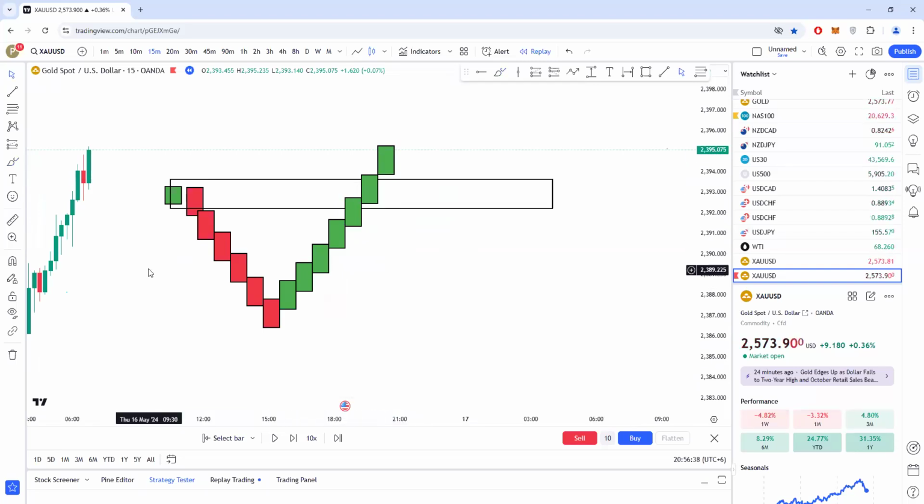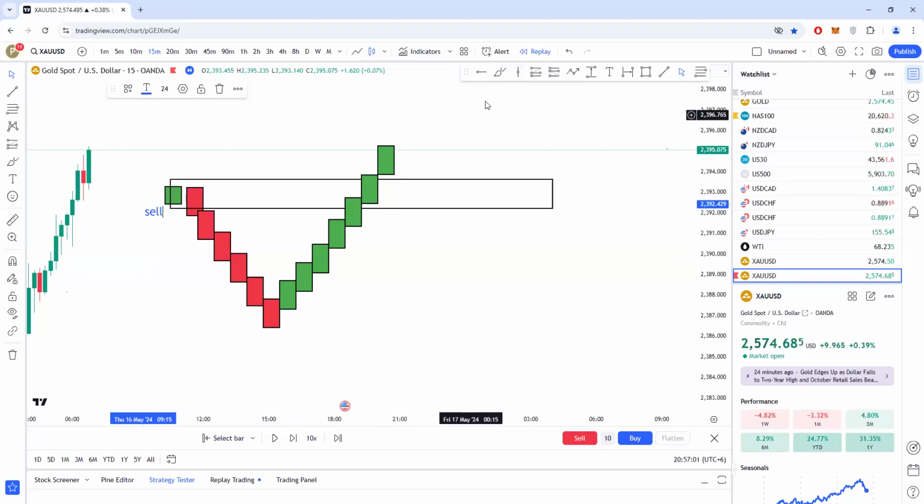When you say this is an engulfing sell, it was a sell zone. When it becomes an engulfing fail, this particular box becomes a buy zone, isn't it? Any question regarding this? No, sir. Okay.